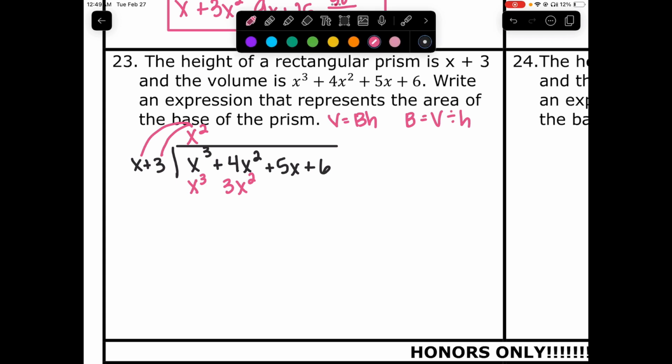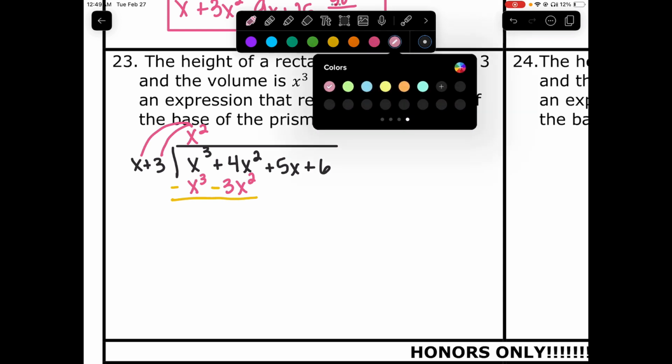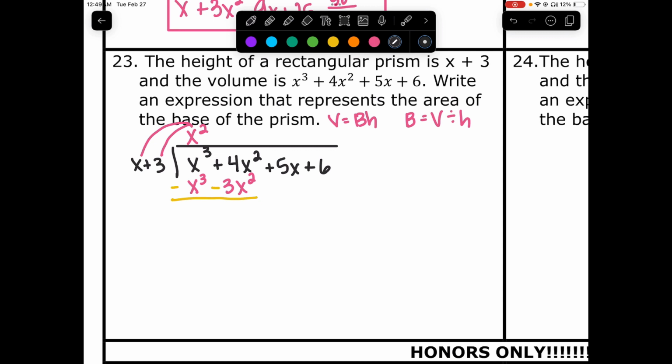Once we get here, you subtract. That's going to cancel out, and then this will be positive 1x squared. And then we're going to drop down the 5x. I'm going to get rid of these because they are very much in the way.